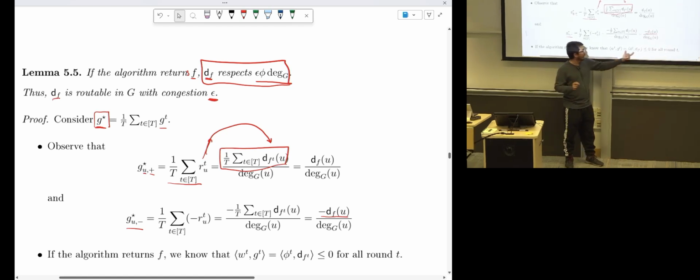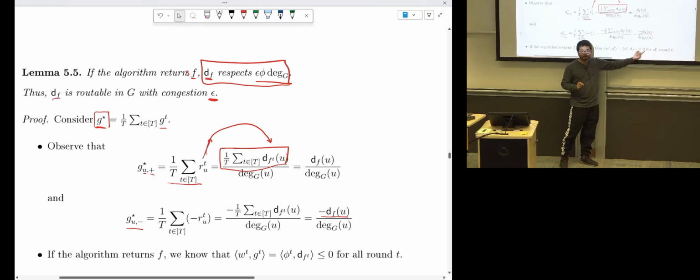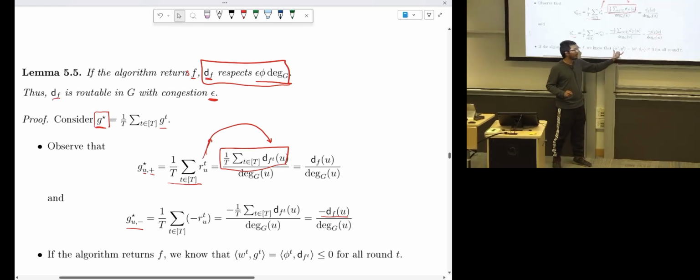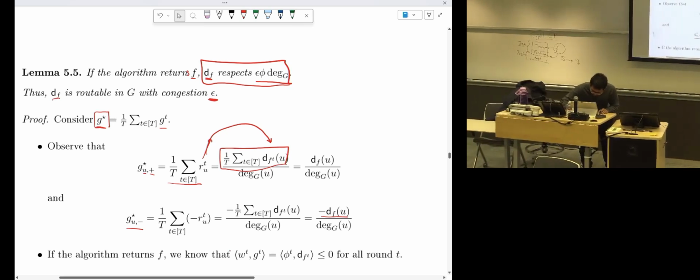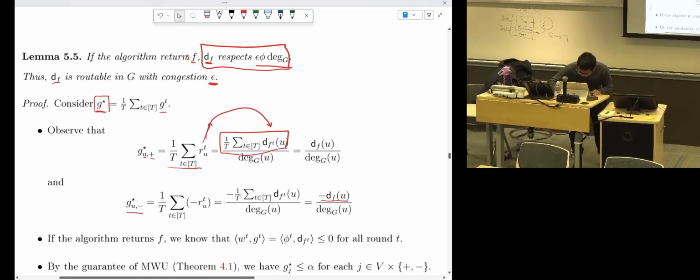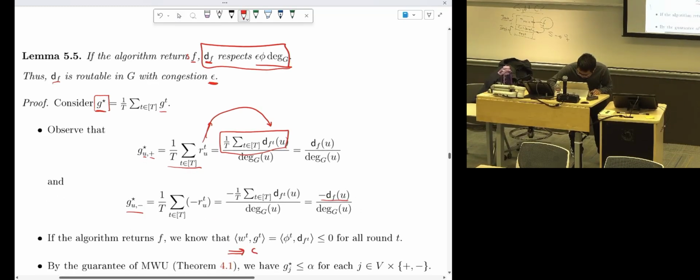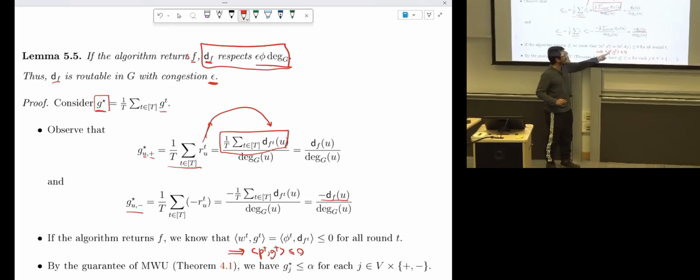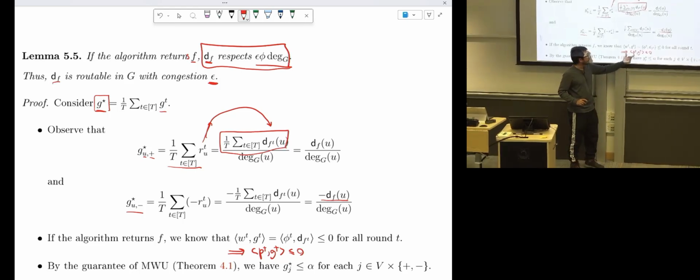So this one is at most 0 for every round T. But we just showed that this is the same thing as this one, which just means it's at most 0, because it's a scaling of this one. So it means our average gain, our gain per day, is at most 0.